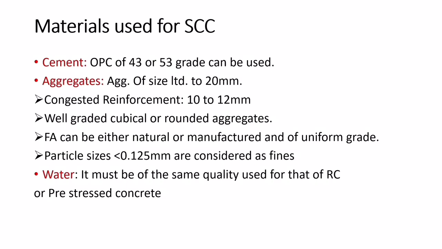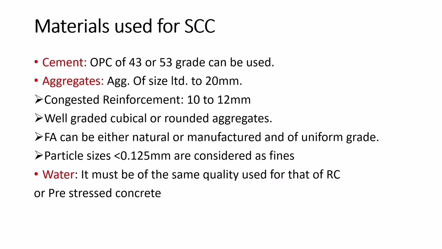Materials used for SCC: cement, ordinary Portland cement of 43 or 53 grade can be used. Aggregate of size limited to 20 mm; for congested reinforcement, 10 to 12 mm. Well-graded cubical or rounded aggregates.